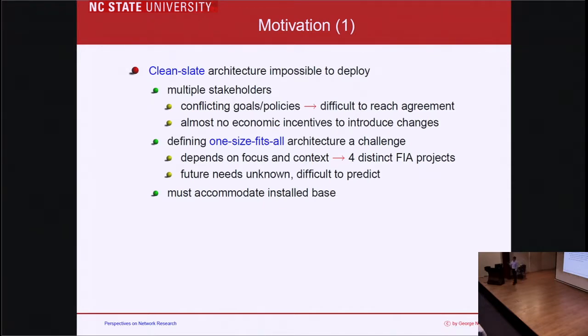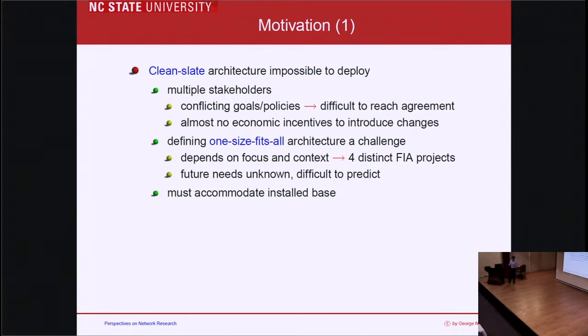You can't just in one day rip out the existing routers and build in the new devices that will be needed for this architecture, devices, hardware and software, right? And so it is very difficult to define what is called the one-size-fits-all architecture, okay? It depends on the focus. If your focus is data centers, well, Nebula is a very good architecture, but if your focus is content delivery, then NDN is the best architecture for that.